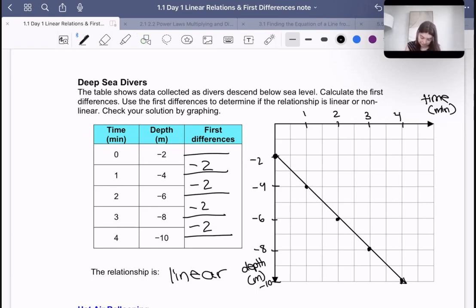Very good. There we go. So yes, that does look to me like a line, and so therefore our solution is correct, right? That the number of minutes is directly proportional to the depth, right, in a linear fashion.